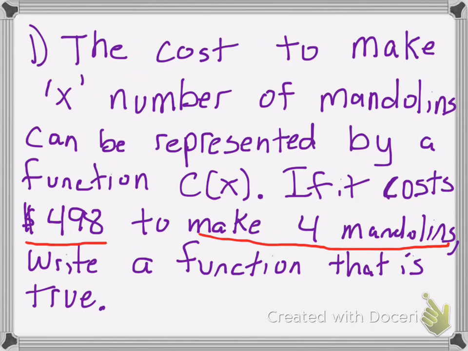First question. All right. I'll read it to you while you copy it down. The cost to make X number of mandolins can be represented by a function C of X. If it costs $498 to make 4 mandolins, write a function that is true.